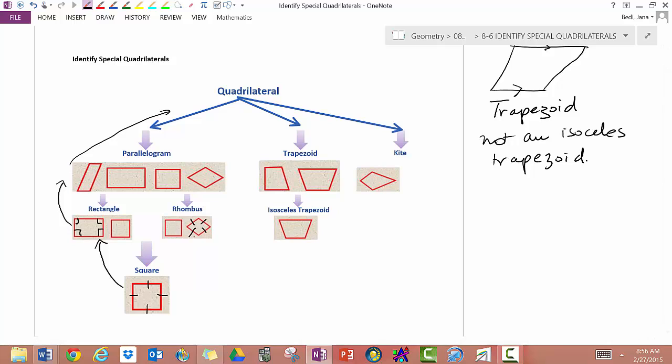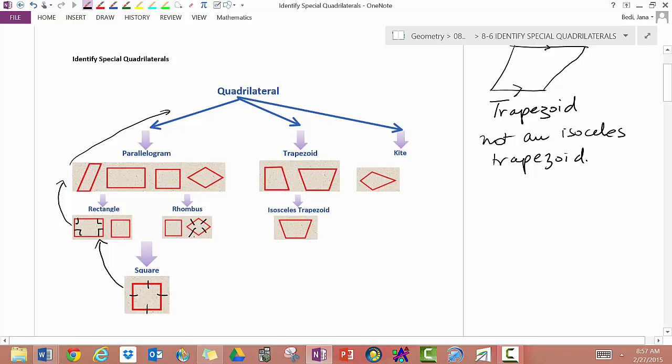A rhombus with four right angles is a square. So a square has the properties of both a rectangle as well as a rhombus. You could once more say a square is always a rhombus, which is always a parallelogram, which is always a quadrilateral.